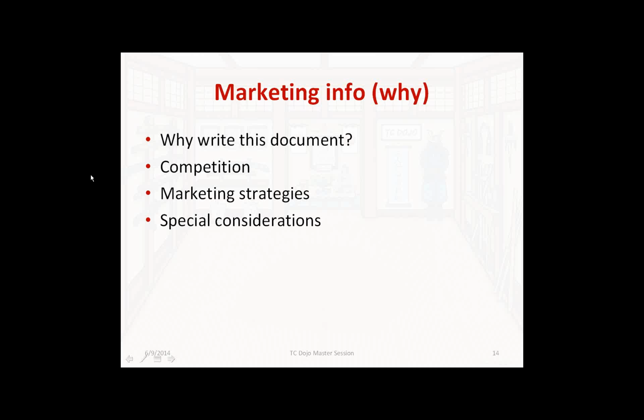And special considerations, for marketing, will be identifying, perhaps, we know through market intelligence or through press releases that there will be a major competitor release in 3 months, and we're going to try and undercut them by coming out with this manual and this product before that, something like that.